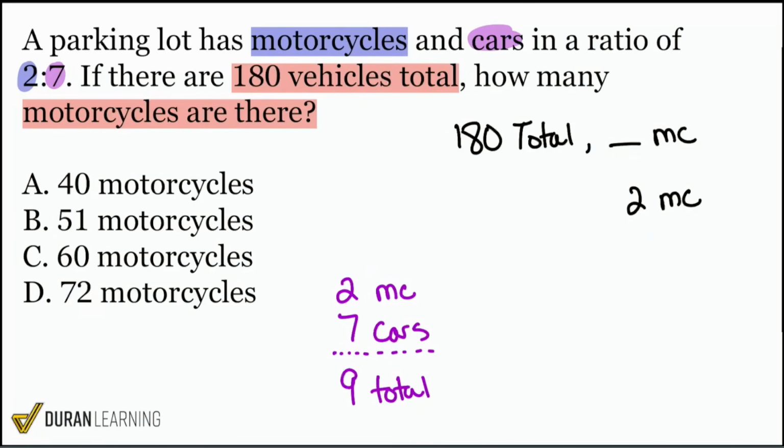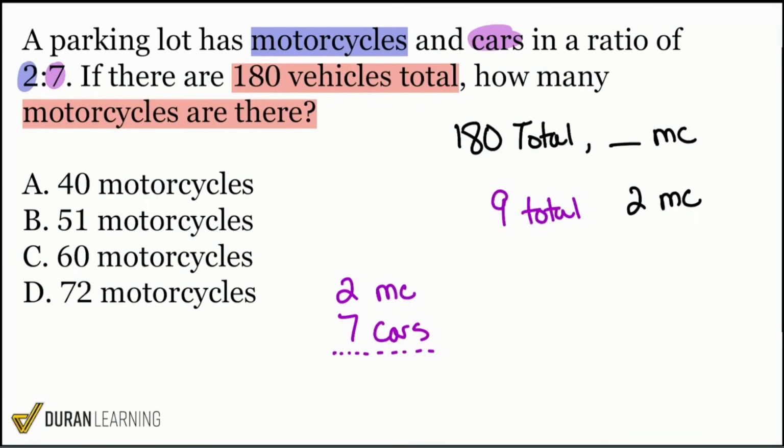So take a look. Even in a proportion problem where it's not perfectly spoon-fed to you, you can absolutely still get it right because you can use the information that you have to get the information you need to find the information you're looking for.